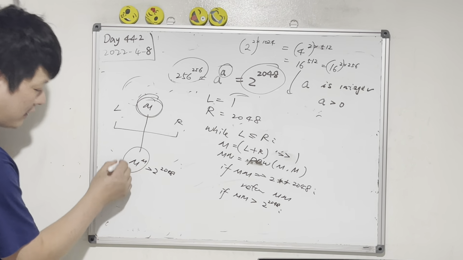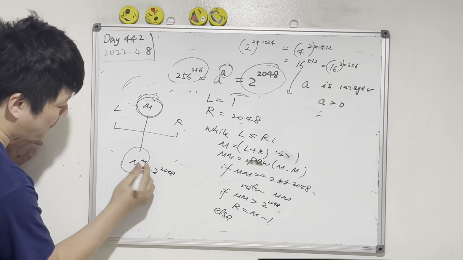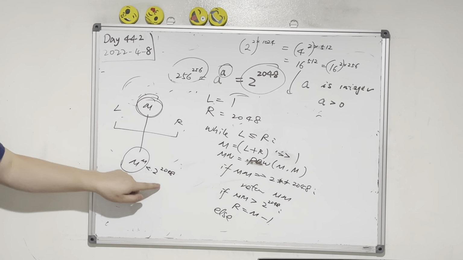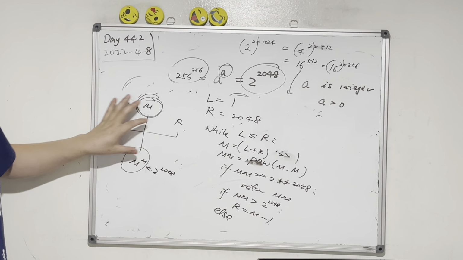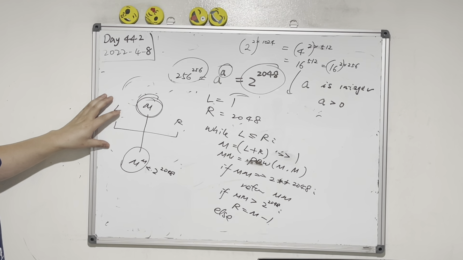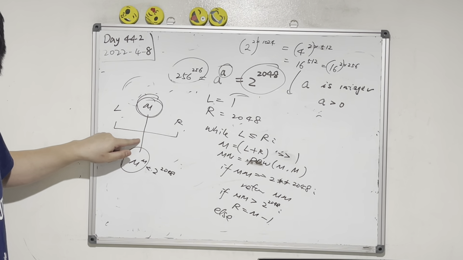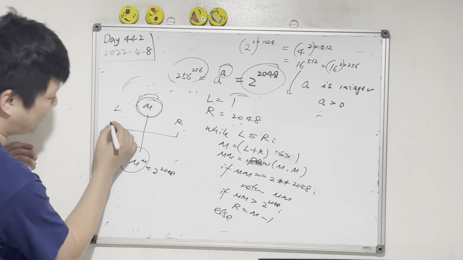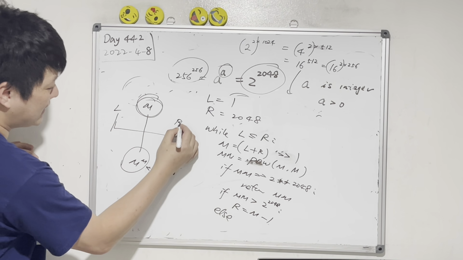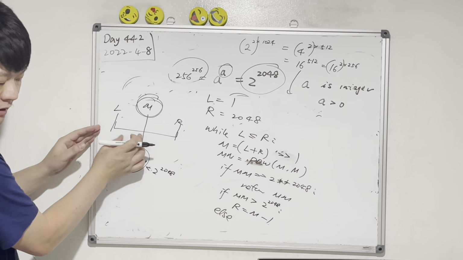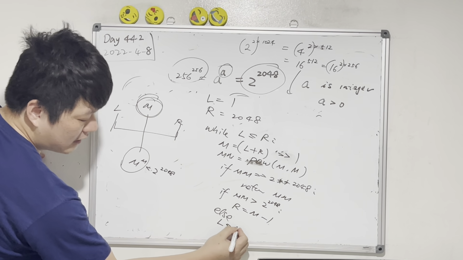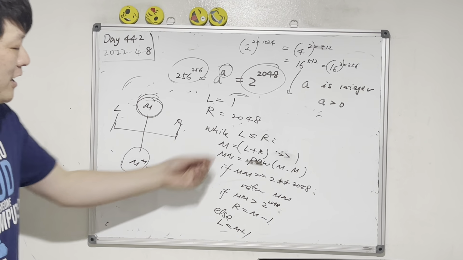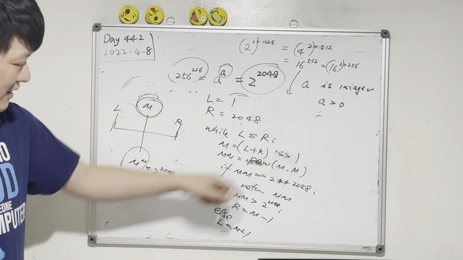So for the left, R will equal m minus 1. If it's smaller than that, where should we look? Which half? Or else, look, this is L, this is R, so L equals m plus 1. That's exactly where I want them to meet. Okay, got it?